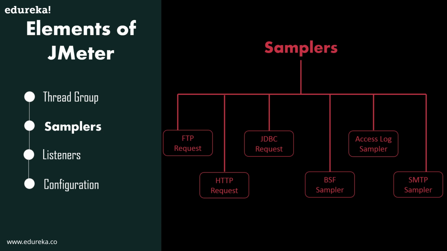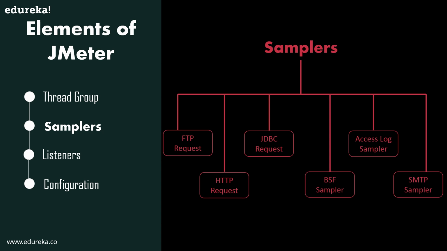For the FTP request, let's imagine that you want to perform a test on an FTP server. You can use an FTP request sampler in JMeter to do this task. This controller lets you send an FTP download file or upload file request to an FTP server. The HTTP request lets you send an HTTP or HTTPS request to a web server.